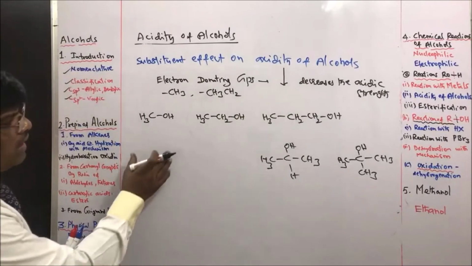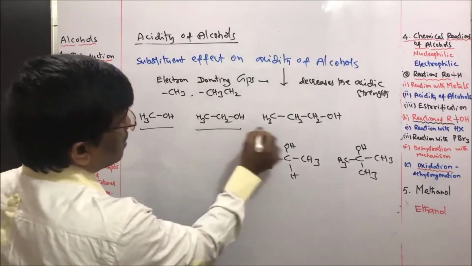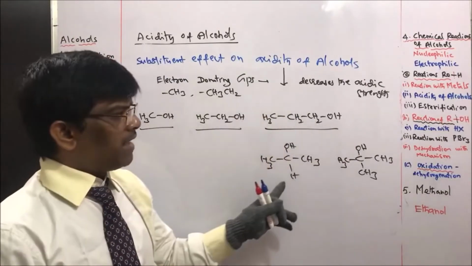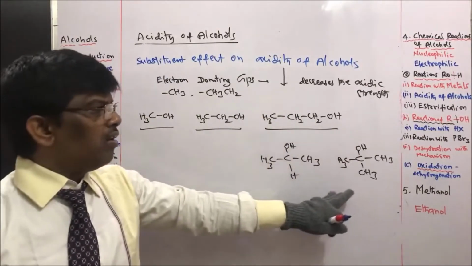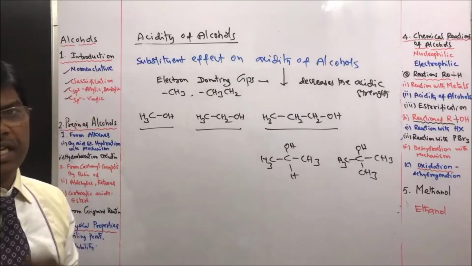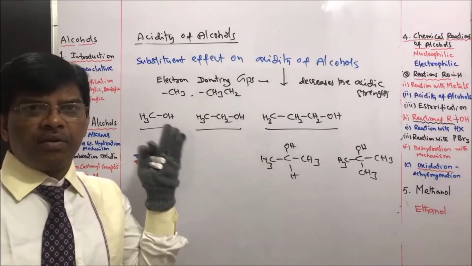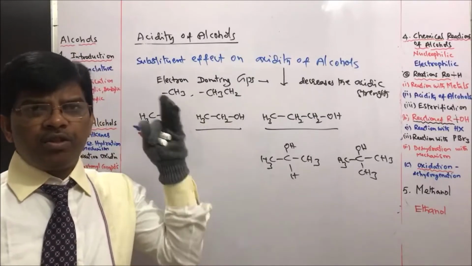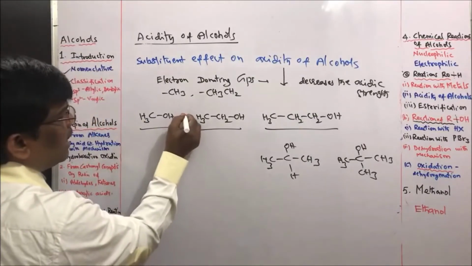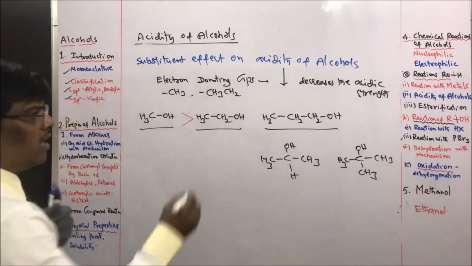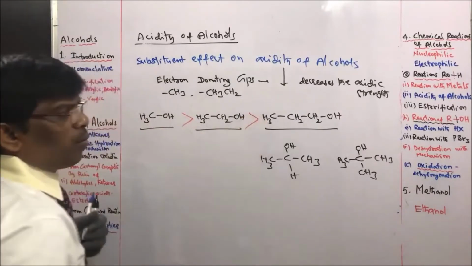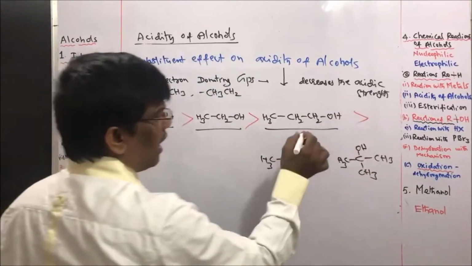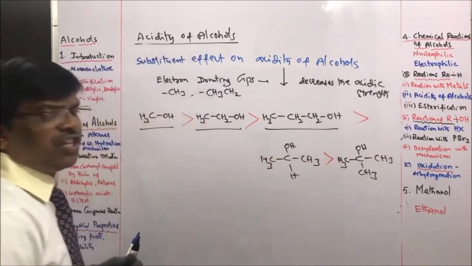So among these homologous alcohols, methanol, ethanol, propanol, isopropanol, tertiary butanol, which is going to be more acidic? It is a very important concept, and this question has been asked in many exams many times. Methanol is more acidic than ethanol. Ethanol is more acidic than propanol. Propanol is more acidic than isopropanol, and isopropanol is more acidic than tertiary butanol.